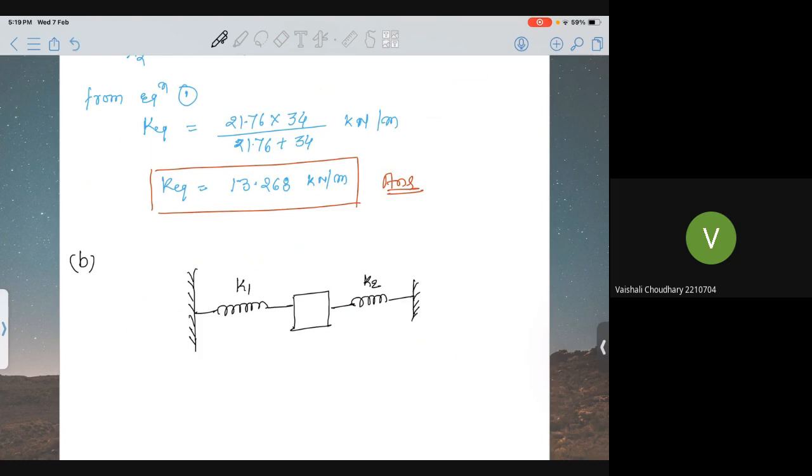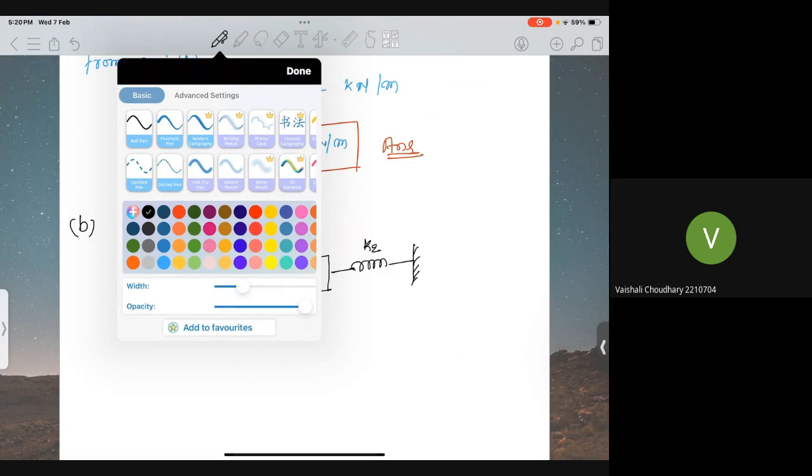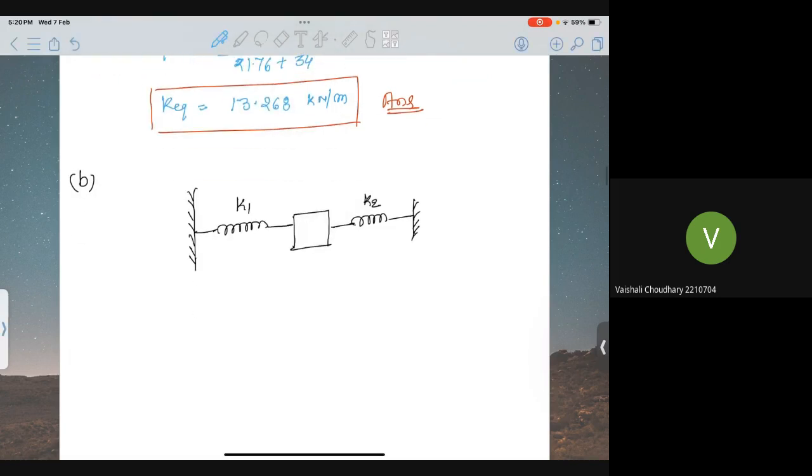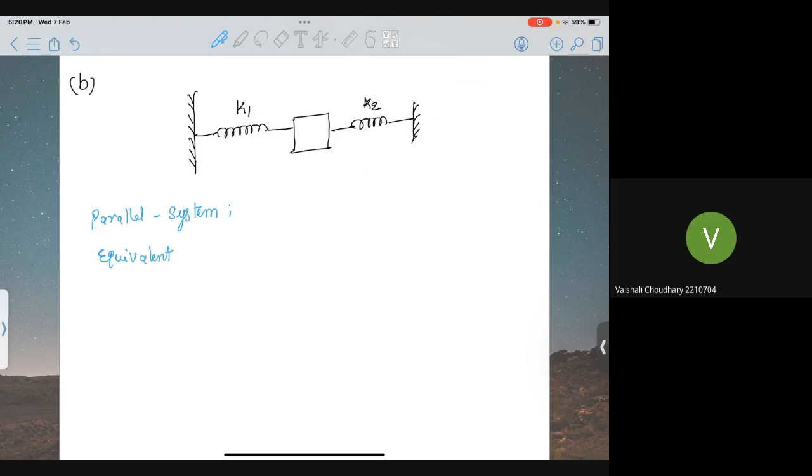So if you noticed carefully, this is a parallel system. And we have seen in the case of a parallel system, the equivalent spring constant K equivalent is K1 plus K2.